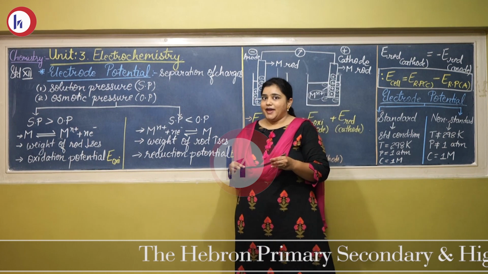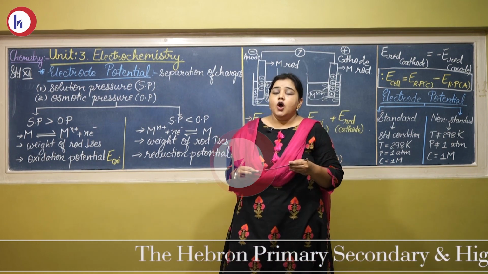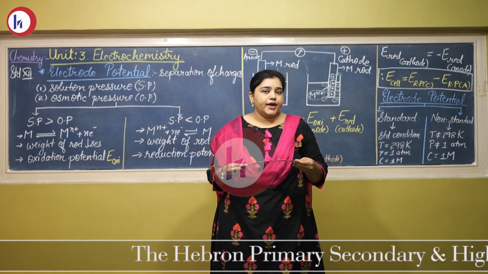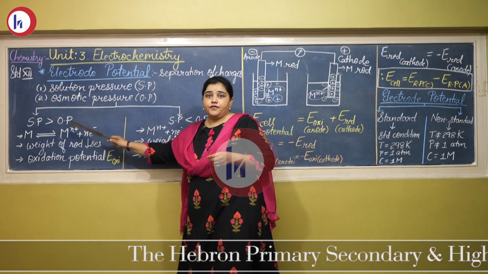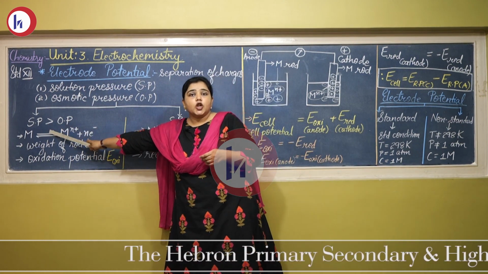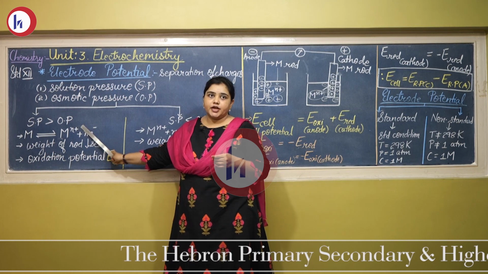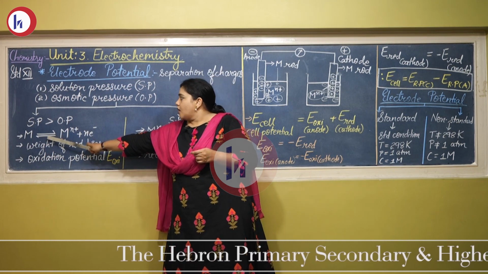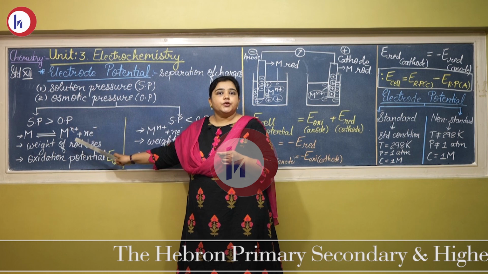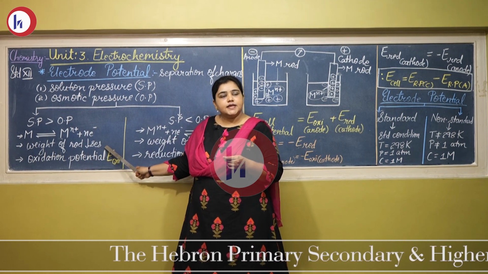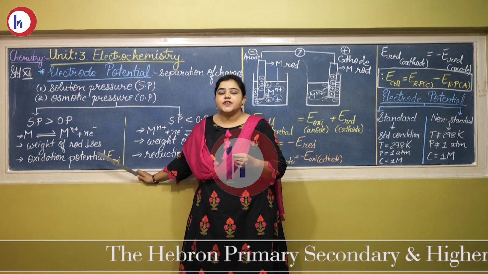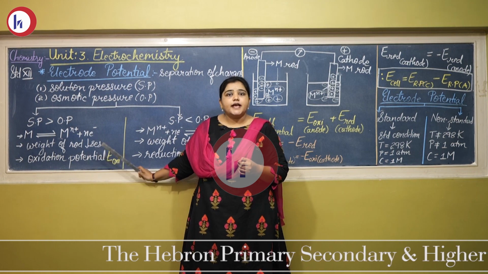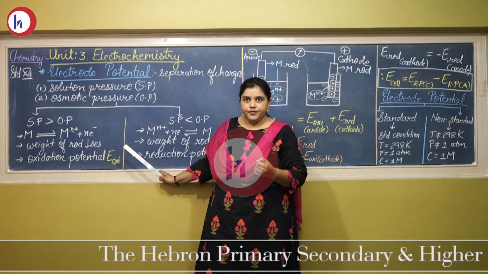So, what determines whether in a given half cell oxidation occurs or reduction occurs? If in a given half cell solution pressure is greater than the osmotic pressure, then oxidation occurs. Due to this, the weight of the rod decreases, and such a type of potential difference that is developed is termed as oxidation potential.